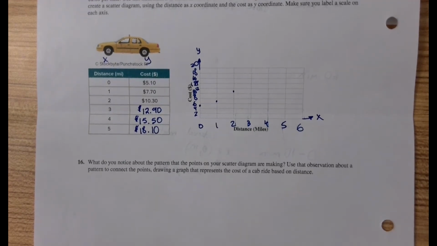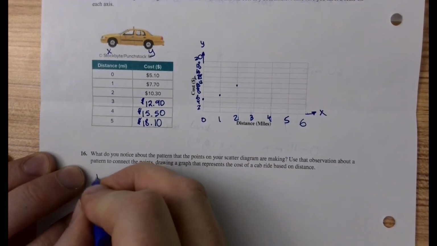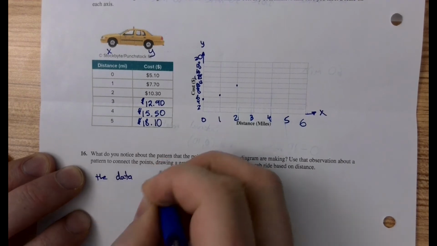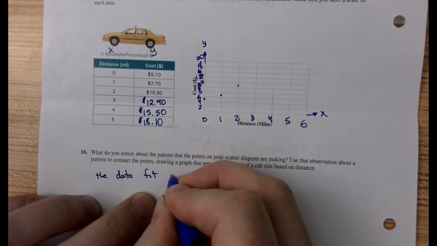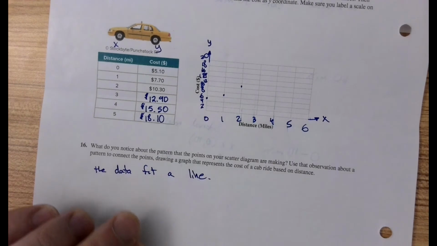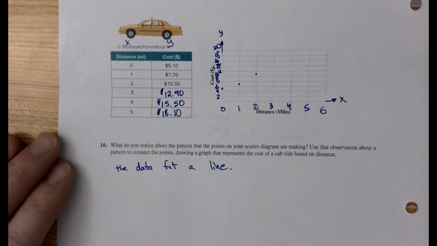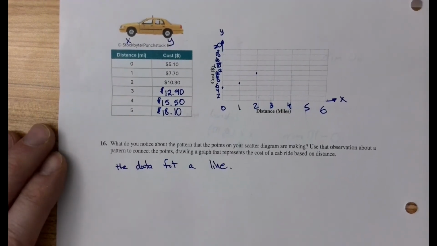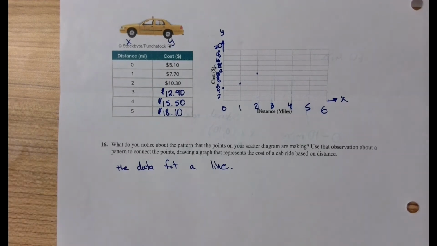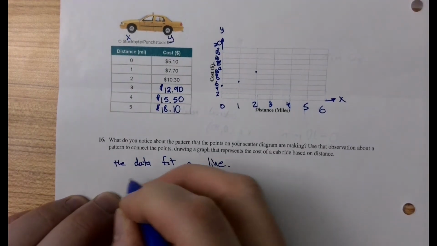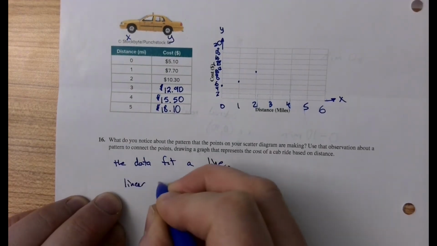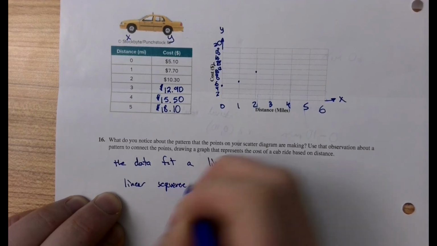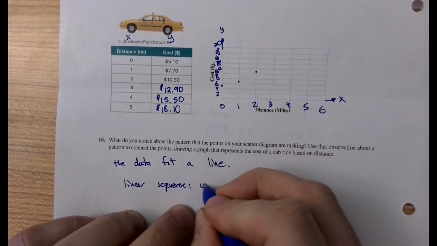So what do we observe? Well, when you looked at that graph, the data fit a line. And we already knew that. Remember from 2.1, we knew that a linear sequence happens when there's constant addition.